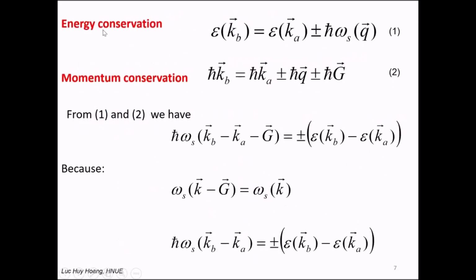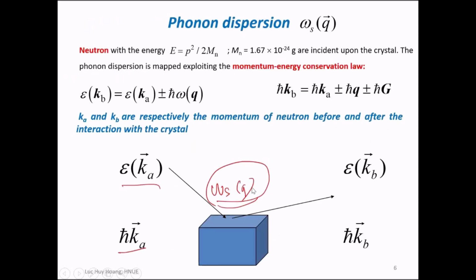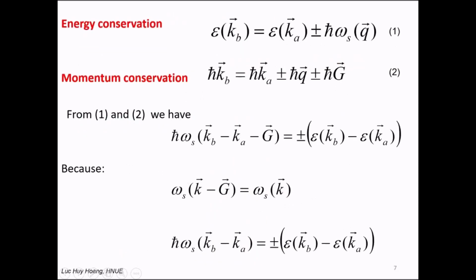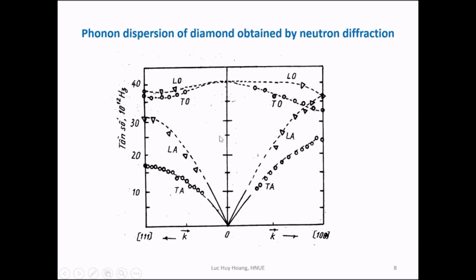So this is energy conservation and momentum conservation. And from this we can get the result of omega_S(k), so we get the information of omega_S(k). And this is the dispersion curve we see.